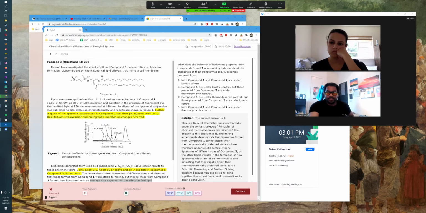So that's a transition state right there, whereas this is just without a transition state. But there's always a transition state.